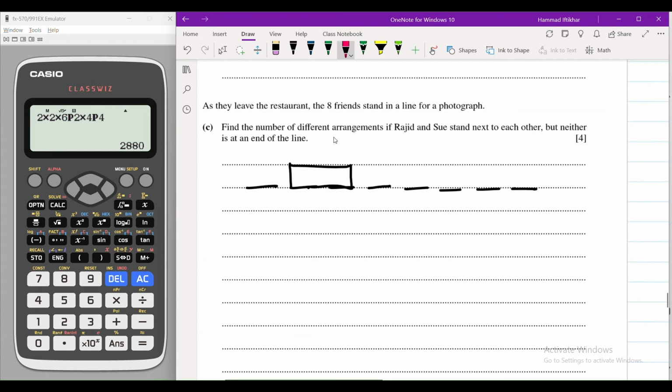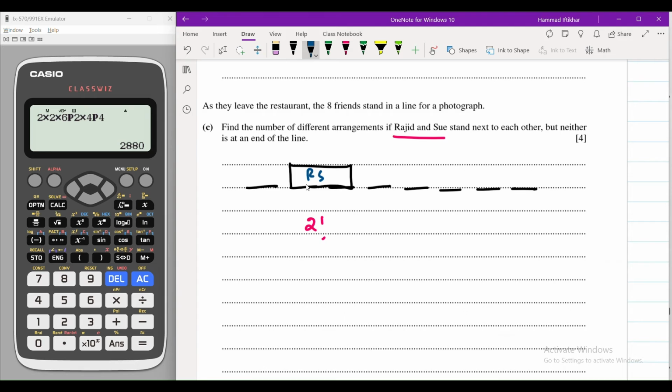And since Rajat and Sue can have 2 possible permutations internally, this is just 2 factorial that we write over here instead of this. So this is Rajat and Sue over here.